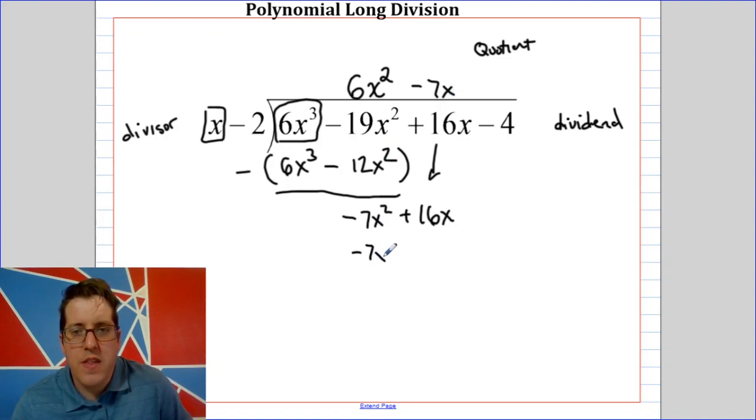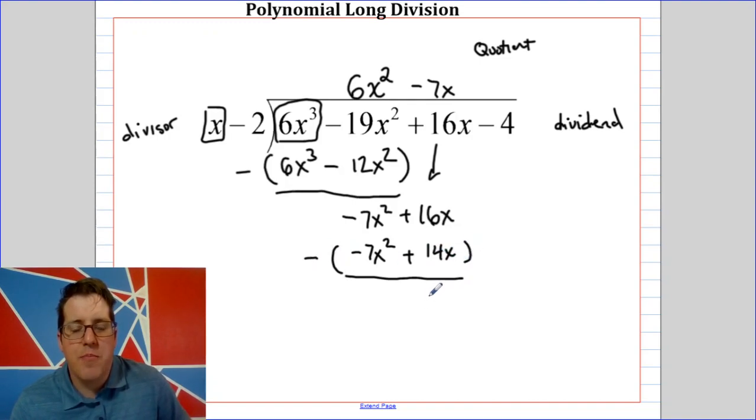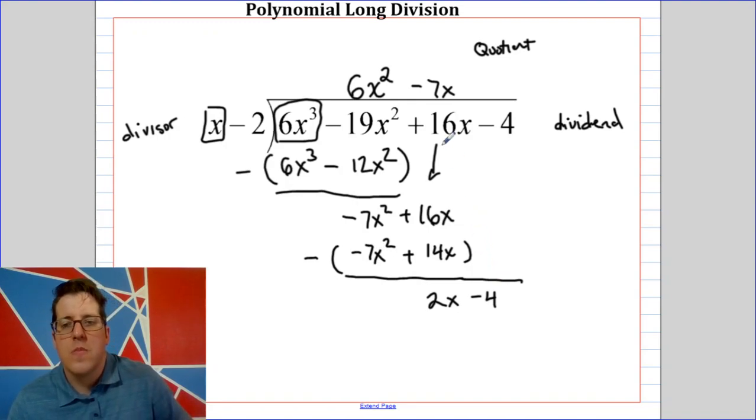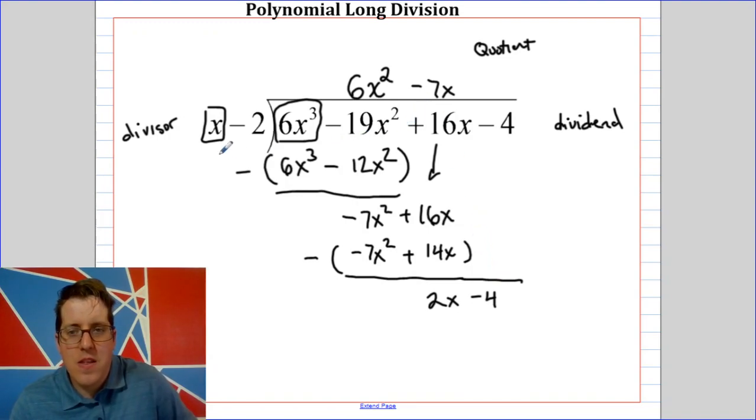So multiplying that all the way out, I would get negative 7x squared plus 14x. I'm going to subtract all of that, and I'm going to get 2x minus 4. Now, I can see that this just goes in twice, which is nice.